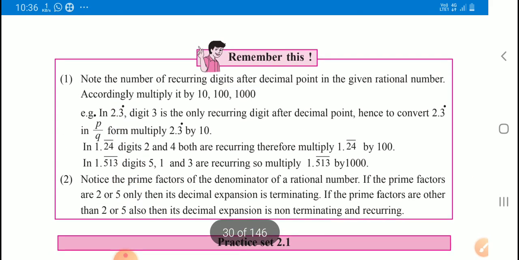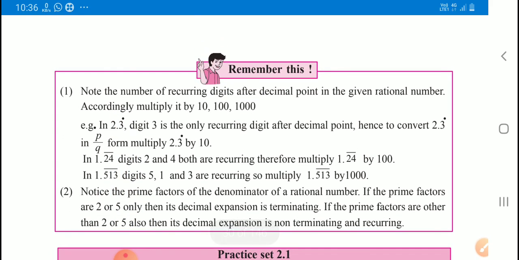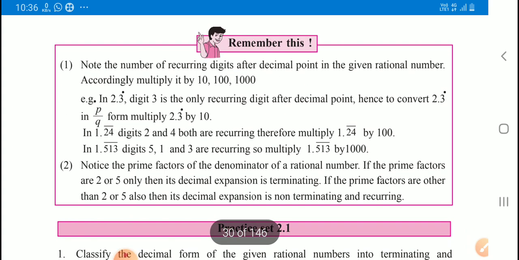Now just remember this. Note the number of recurring digits after the decimal point in the given rational number. Accordingly, multiply it by 10, 100 or 1000. For example, in 2.3 recurring, digit 3 is the only recurring digit after the decimal point. Hence, to convert 2.3 recurring into P upon Q form, multiply 2.3 recurring by 10.